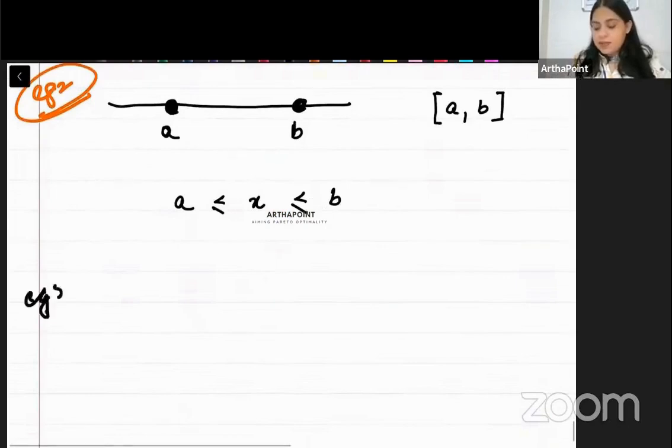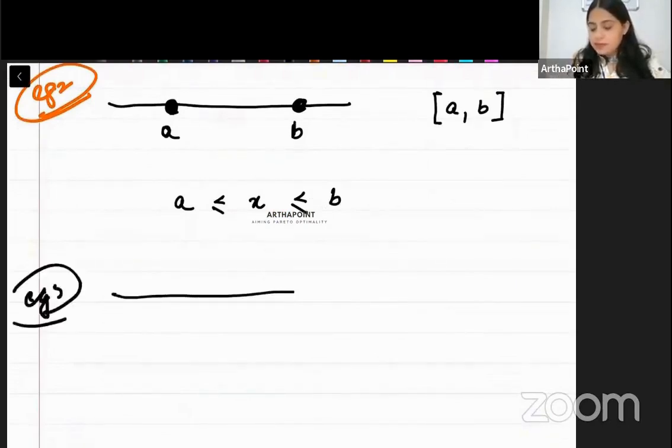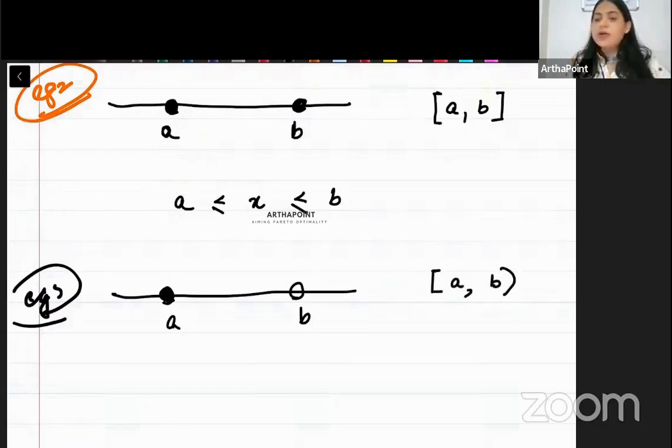Beta, take example number 3. Now I have to only include A, but I don't want to include B. So x is between A and B, but A is included and B is not included.